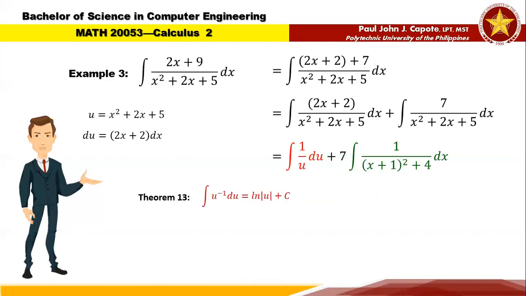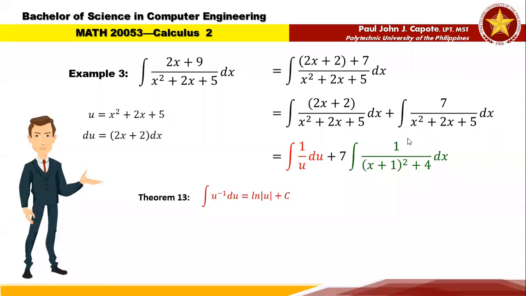For the integral of 1 over u du, we apply theorem 13, which was discussed already under integral of logarithmic functions. And use theorem 23 to evaluate the second integral. Theorem 23 states that the integral of 1 over a squared plus u squared du is equal to 1 over a times arctan of u over a plus c.